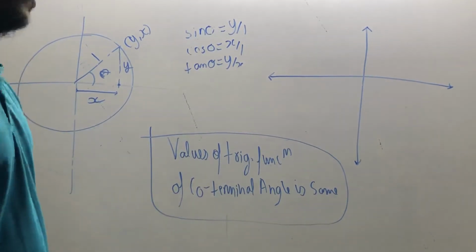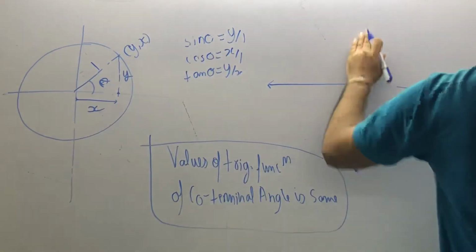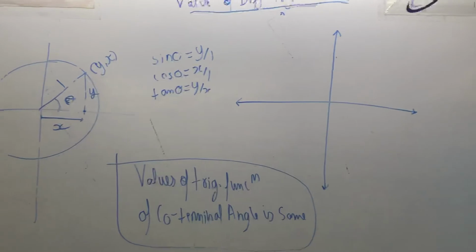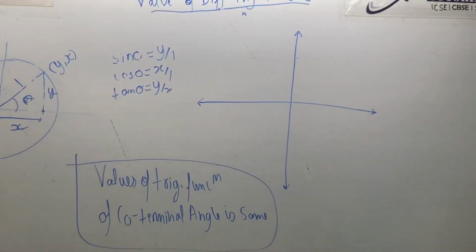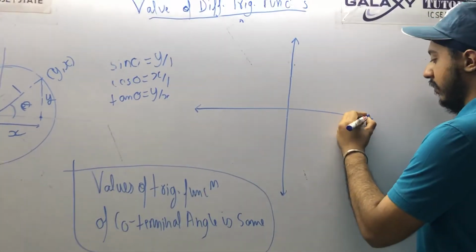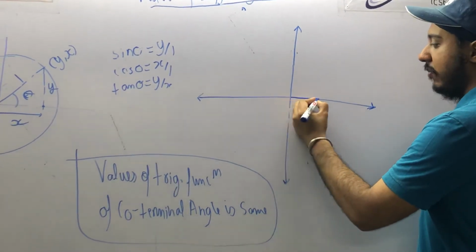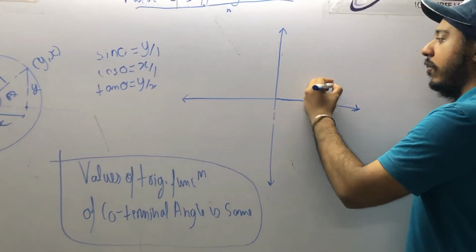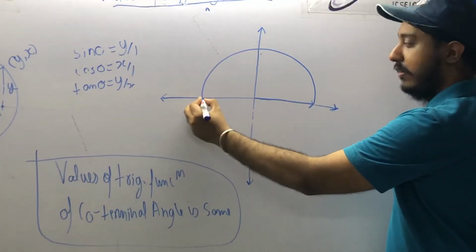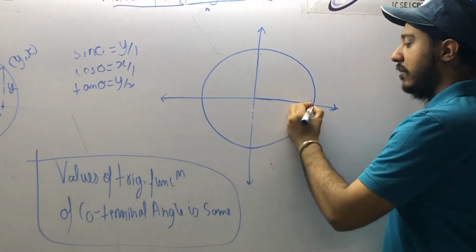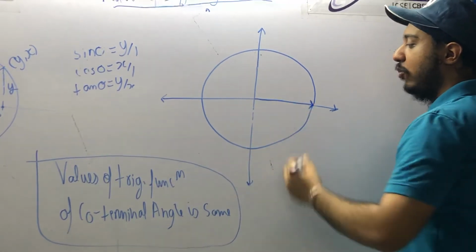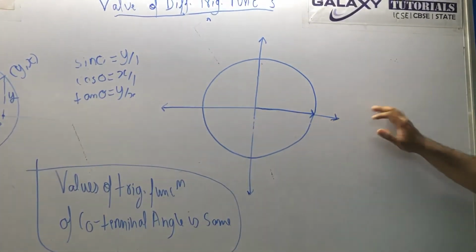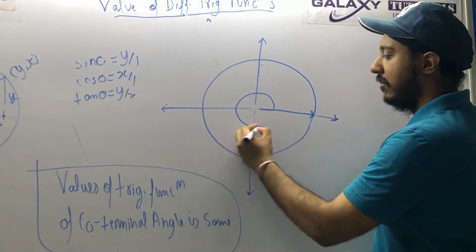Now I will show you one application of coterminal angles. Here we are talking about 360 degrees. It starts from the initial ray, then you go around: this is 180, this is 270, and this is 360. So your initial and terminal ray both lie in the same direction on the x-axis.